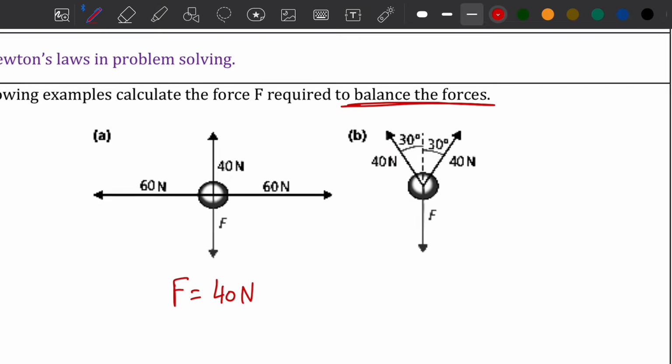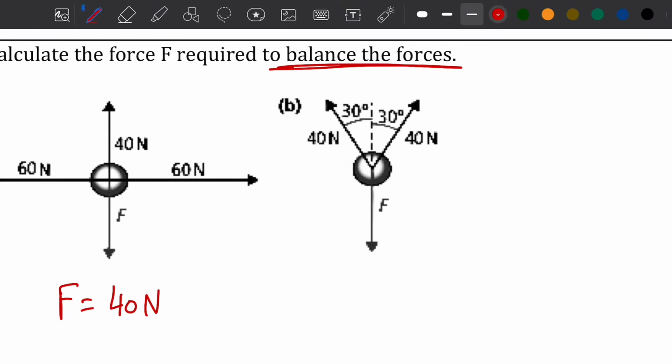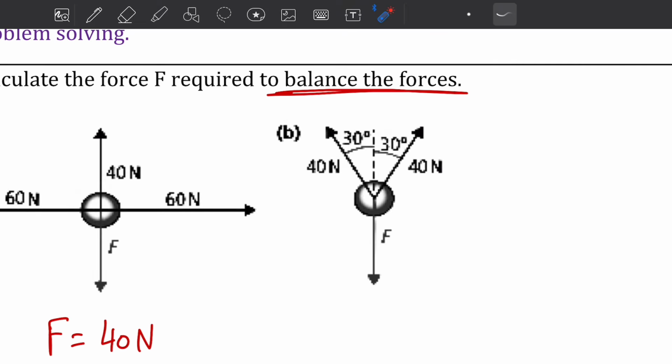For the second one, we have to use components. We can see that there is 40 Newton force acting at an angle of 30 degrees with the vertical. So the angle is made with the vertical, so you will have a component of 40 Newton along the vertical, which we'll write as 40 cosine 30. Again, there is another component from the left side because you have got two forces acting.